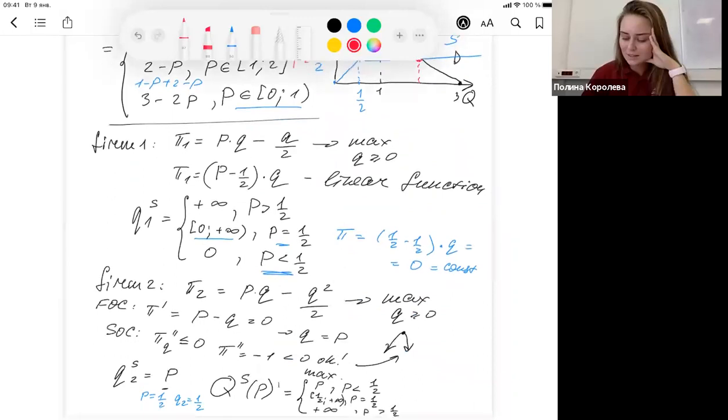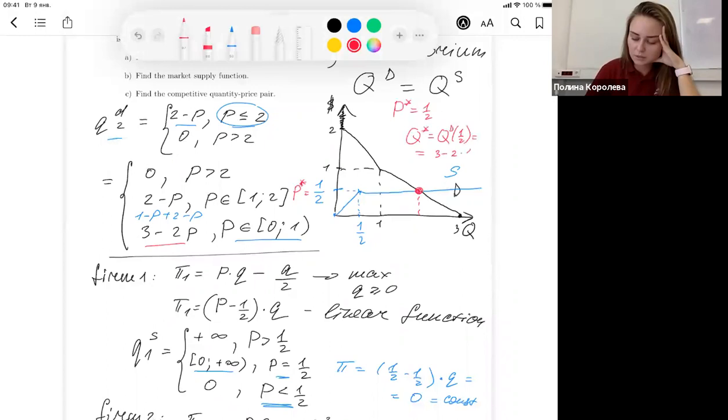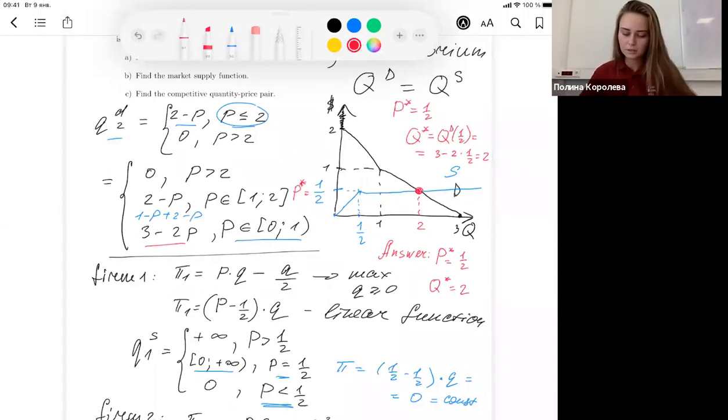So we write down that the equilibrium price is equal to 1/2, and for the equilibrium quantity we put this 1/2 into demand, and this will be 3 minus 2 multiplied by 1/2, which is equal to 2. So the answer: if we should find equilibrium, we should write down two things: price equals 1/2 and quantity equals 2. So this is the end of the first task.